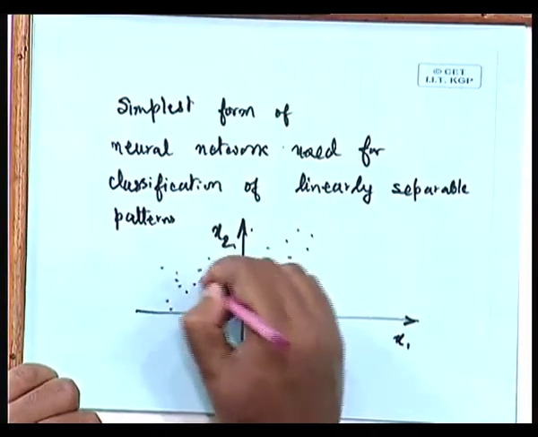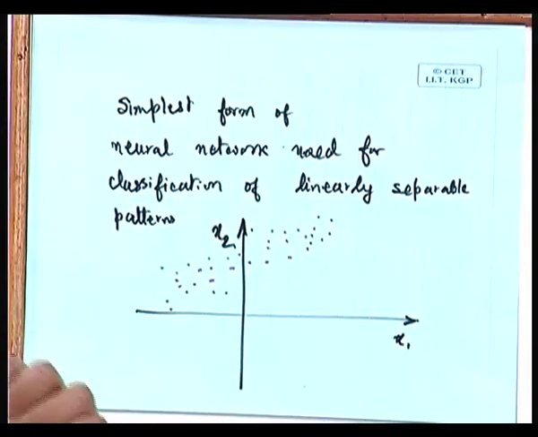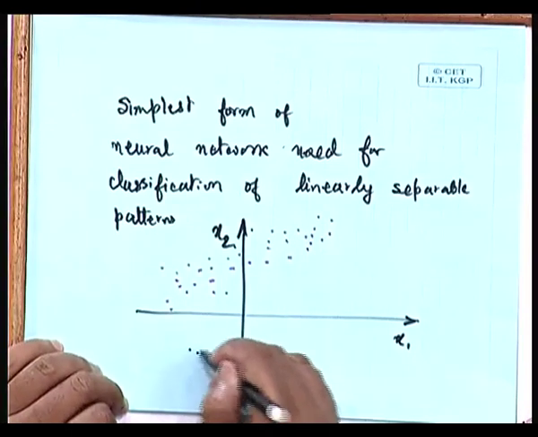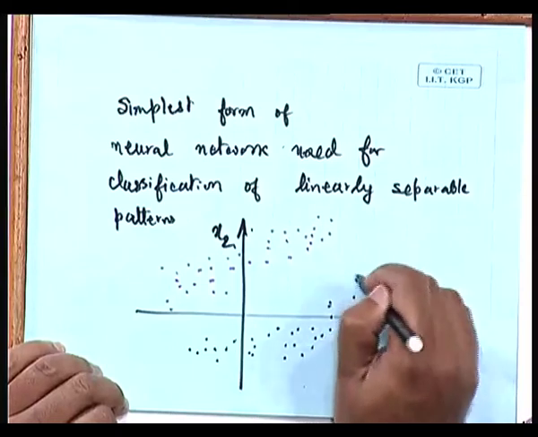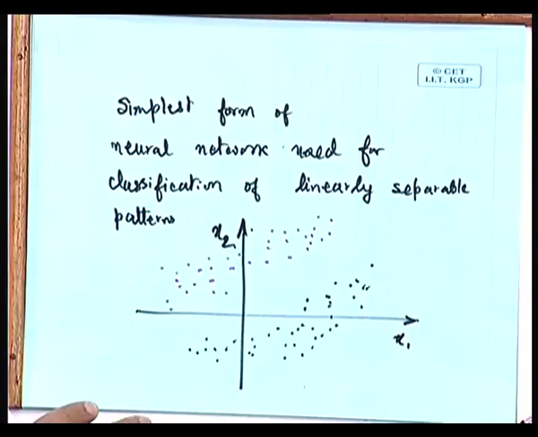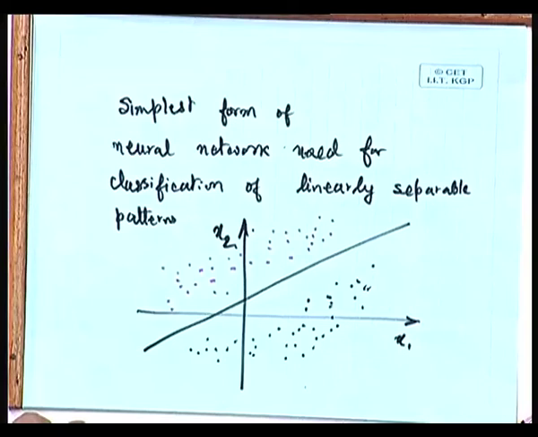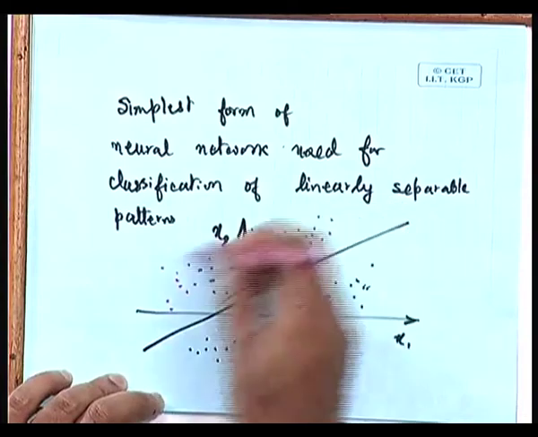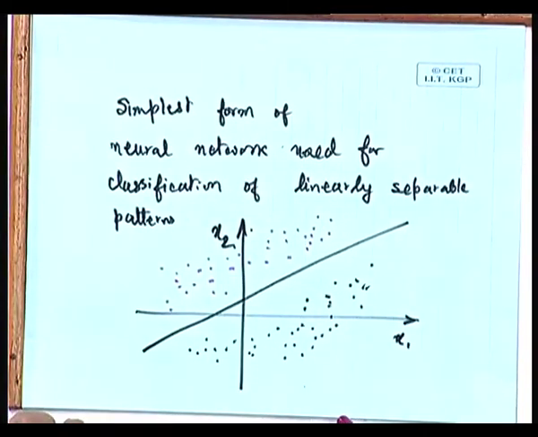So, these are the set of one group of patterns, and supposing these are the set of another group of patterns. Now, it is very clearly linearly separable, because we can find one straight line which is going to distinguish between these category of patterns from these ones. So, they are indeed linearly separable.